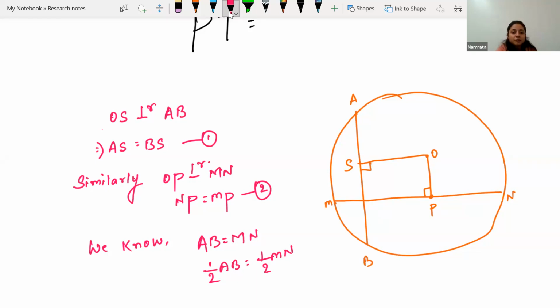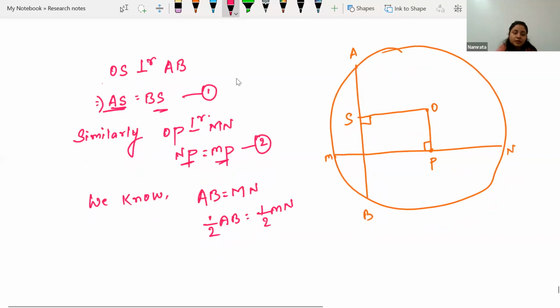Half of AB means what? AS or BS we can take. Half of MN means NP or MP we can take. So eventually all will be equal to each other. AS, BS, MP, NP will all be equal to each other. Let's write it. Or you can write that half of AB means AS and half of MN means NP.